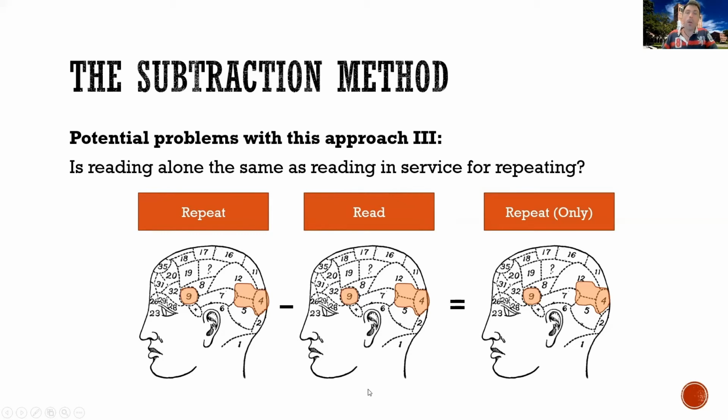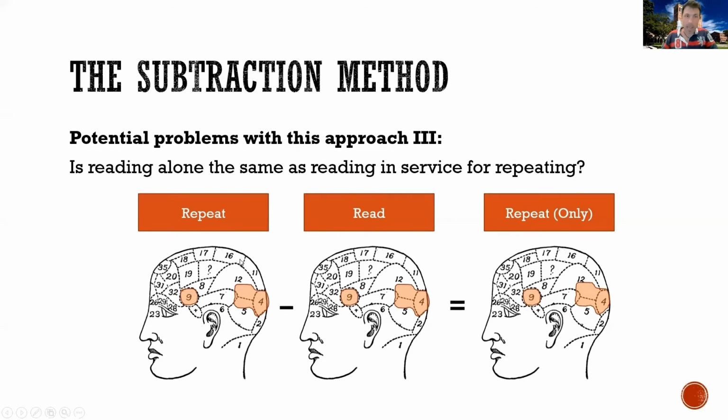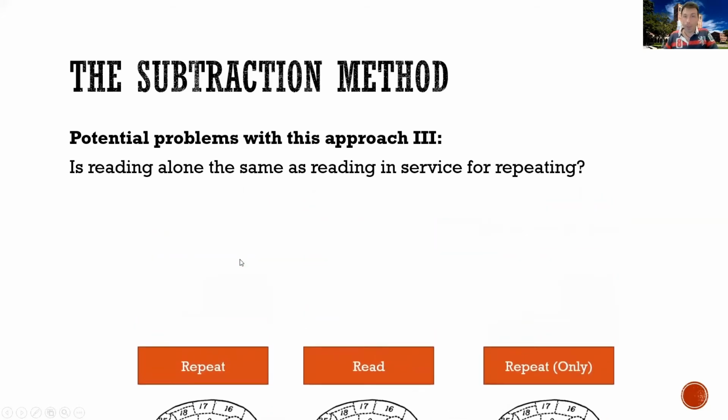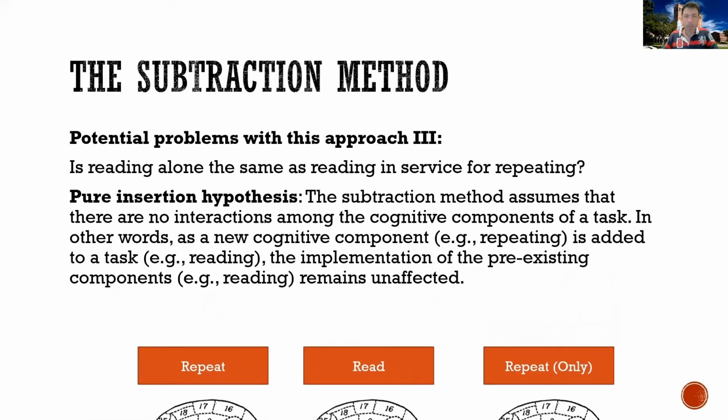Right, so are all the processes up to reading the same if you add repeating on top of it? See, this is known as the pure insertion hypothesis. The idea is that anytime you do a subtraction comparison, you're assuming that there's no interaction between the cognitive components of a task.